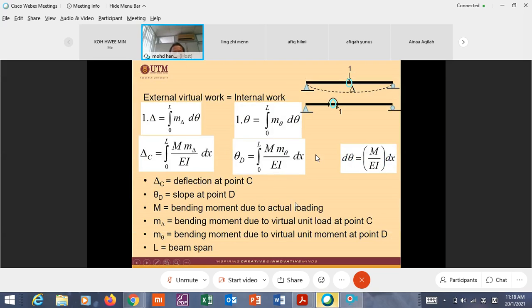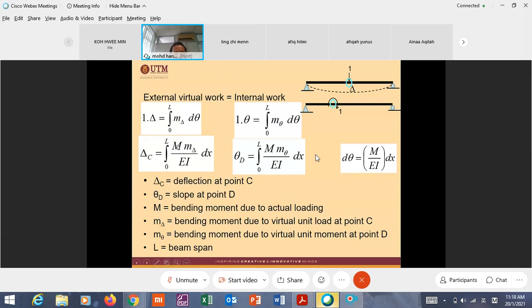Then we use external virtual work equal to internal work. This one is for delta, for deflection. This one is for slope. So deflection equals the integral of M m, and d theta equals the integral of M m theta over EI.